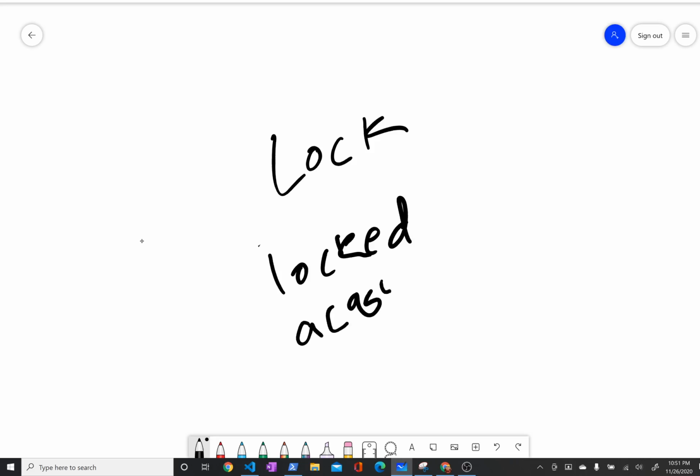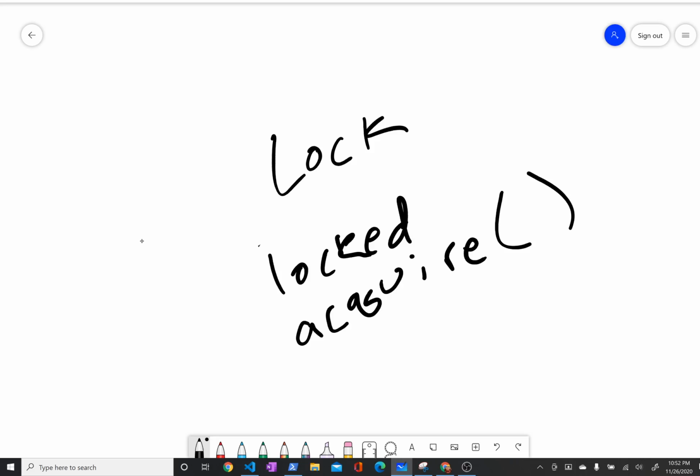There's also acquire. Acquire is a function that when you call it, it's going to try to lock the lock. If the lock is unlocked, then it will just lock the lock and return back to the caller. If the lock is locked, then what acquire is going to do by default is block. Block means the execution of the thread is not going to continue until acquire stops blocking and returns.